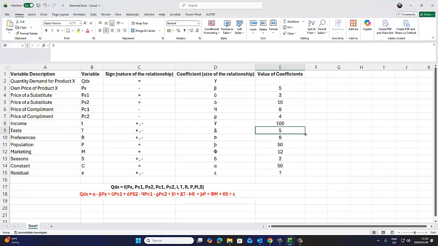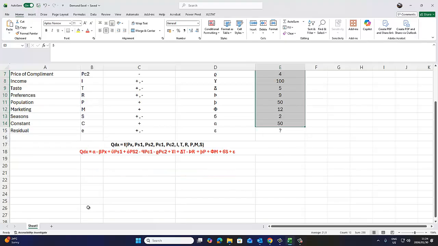The taste is 5, 9, 50, etc. So again, where do these numbers come from? They're all thumbsuck. So what we now need to do is put them in this equation.